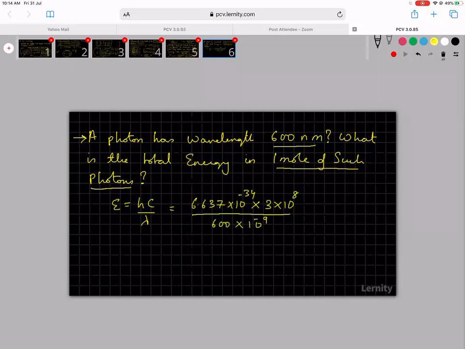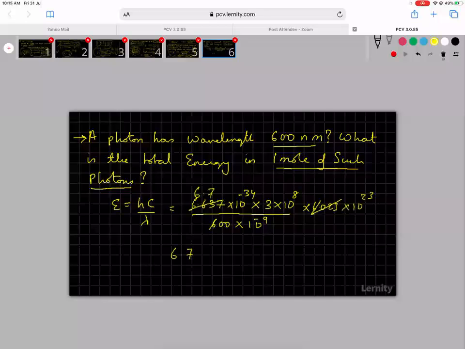So for 1 mole into 6.023 into 10 power 23, this will give you the total energy. Yeah. So now I can try to work it out and simplify it. So the 6 and 6 will get cancelled here.